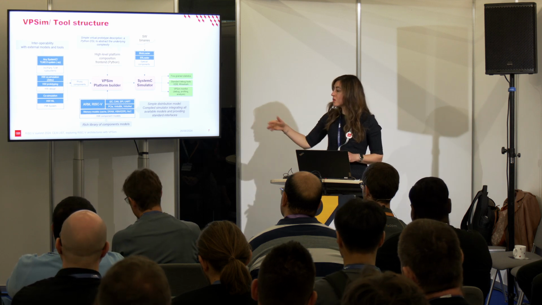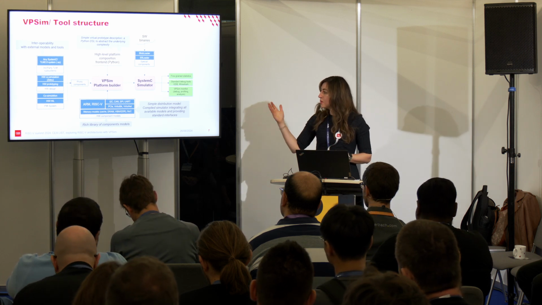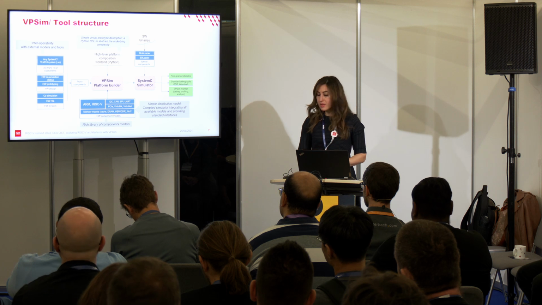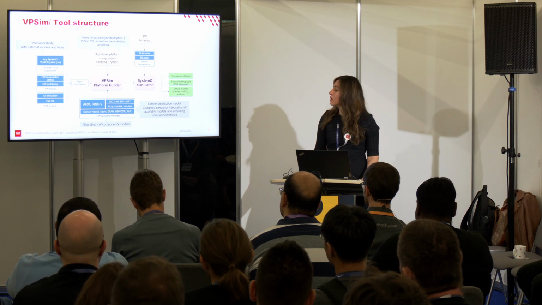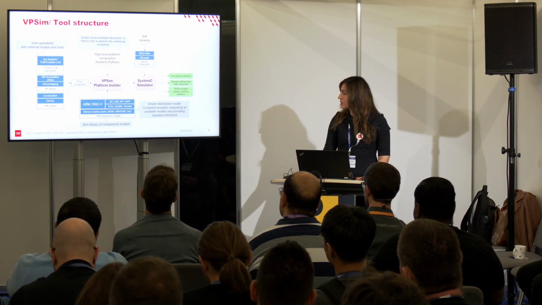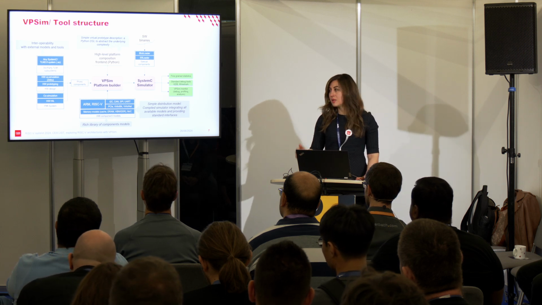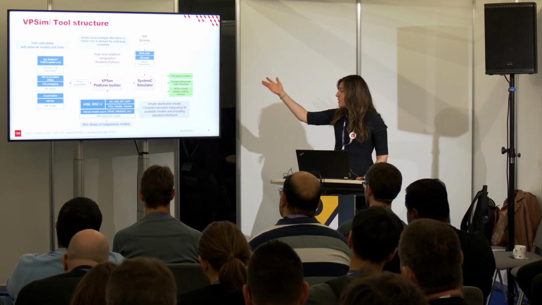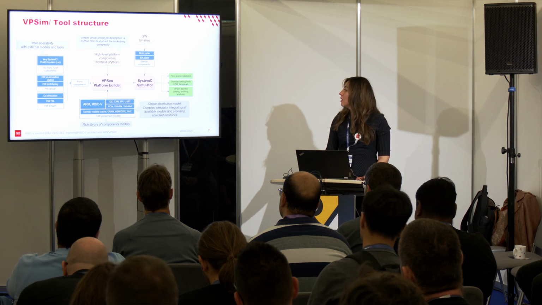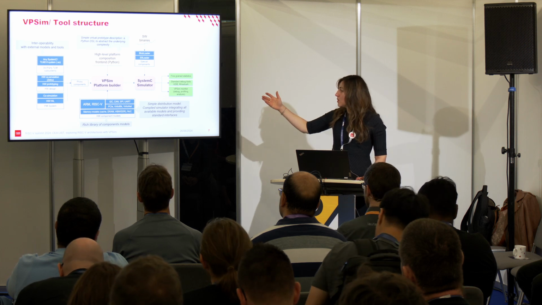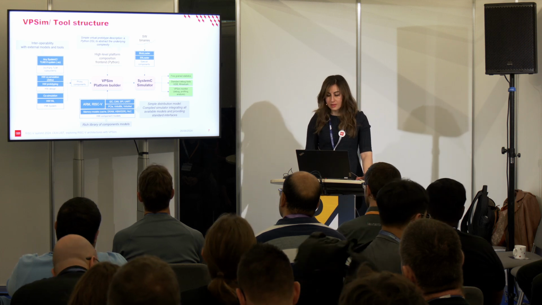We have various IP models: ARM, RISC V, peripherals, network on chip, memory hierarchy, and so on. Thanks to the VPSim Platform Builder, we build the system and provide various statistics as output on hardware counters, but also for debug, profiling, and analysis.